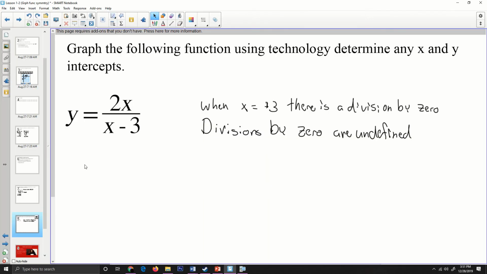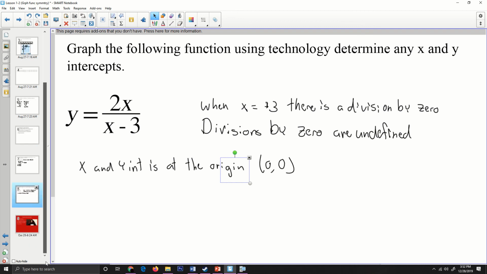So our x and y intercept in this case is at the origin, (0, 0). Well, that's all I have for this one today, folks.